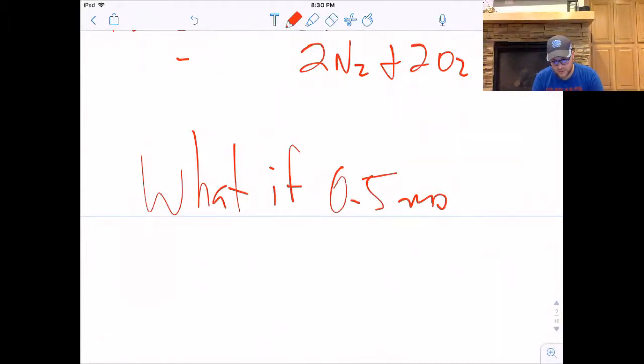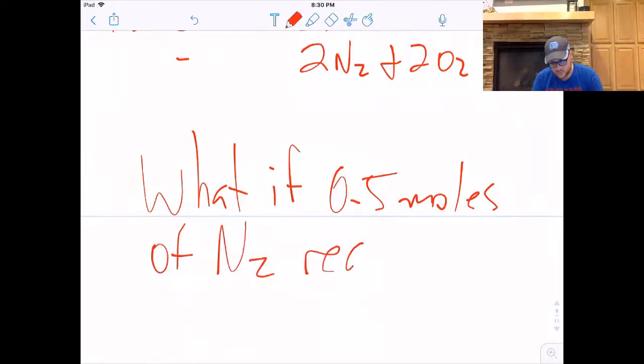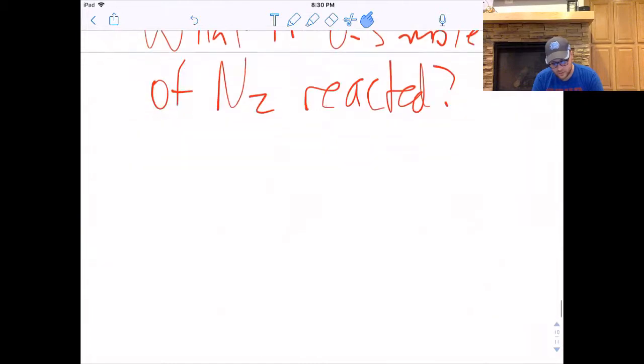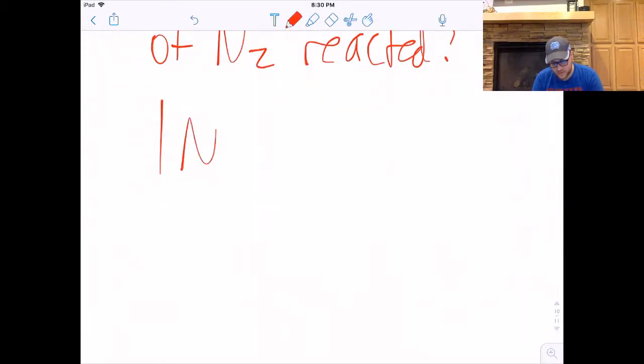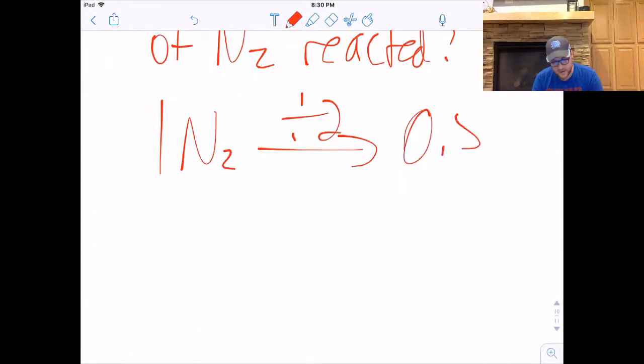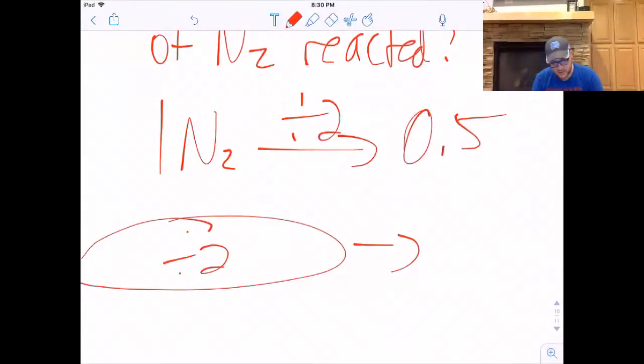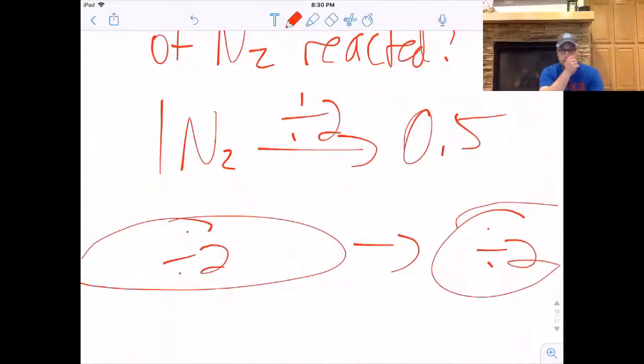Well, if I took one N2 and divided it by 2, to 0.5, take everything over here and divide it by 2, and take everything over here and divide it by 2. What you do to one thing, do to everything. They're not going to trick you with limiting reactants and all that stuff, if your teacher mentioned those, on the Regents. So just keep that in mind.